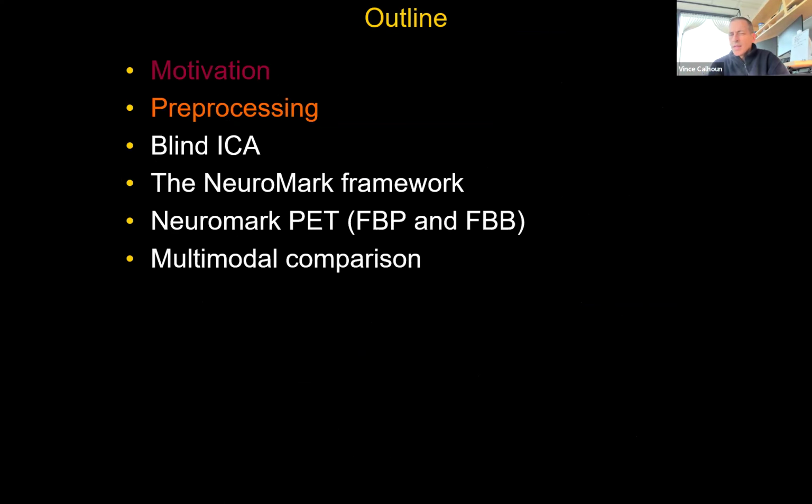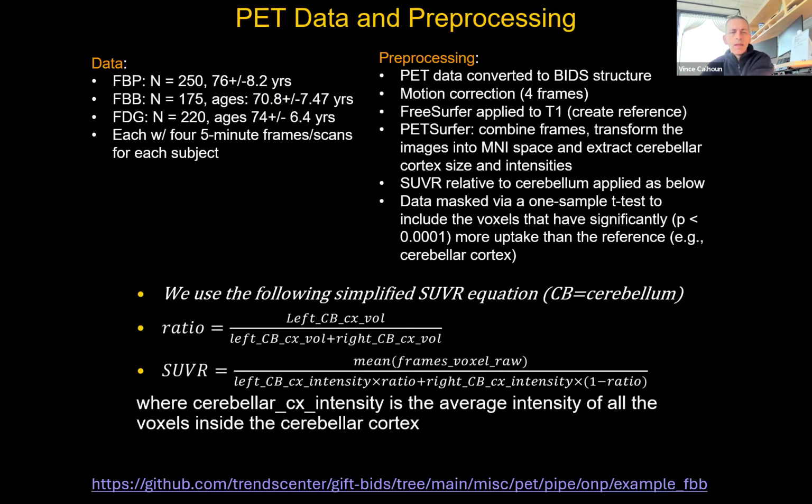So a couple of slides on pre-processing, and I'll touch on some of these data sets later on in the slides. We're going to be looking at a couple of different tracers, amyloid imaging, as well as FDG PET. And we're using this open NeuroPET pipeline, where essentially we take the PET data and convert it into a BIDS structure. We do motion correction. We use FreeSurfer applied to the T1 to do co-registration and normalize into standard space with PETSurfer.